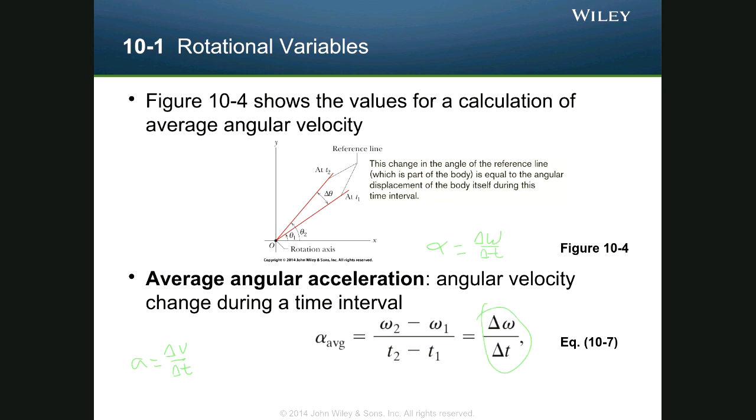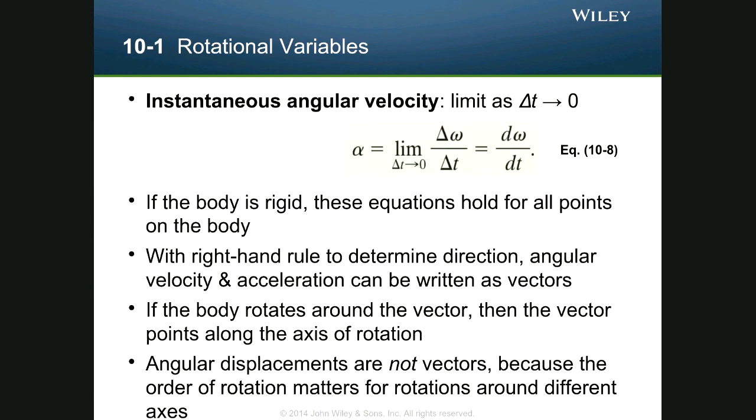Okay, and again, if you take that limit as t goes to 0, you will get a differential, which I believe they do on the same slide here. And again, this point is important, all right? The bullet point here.